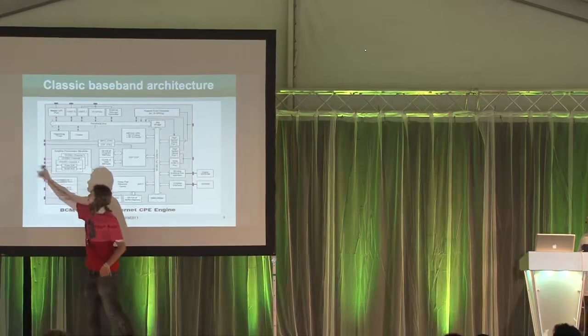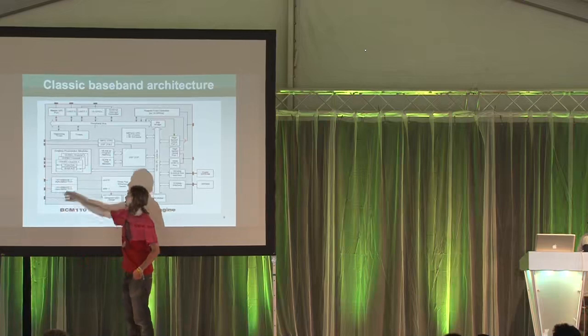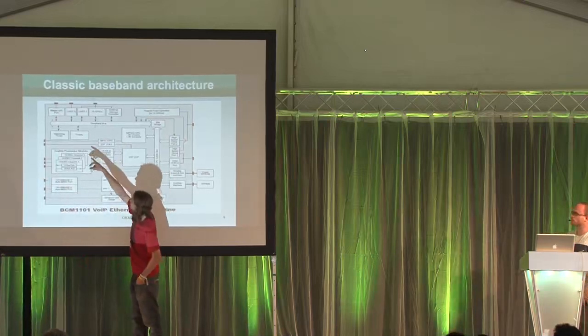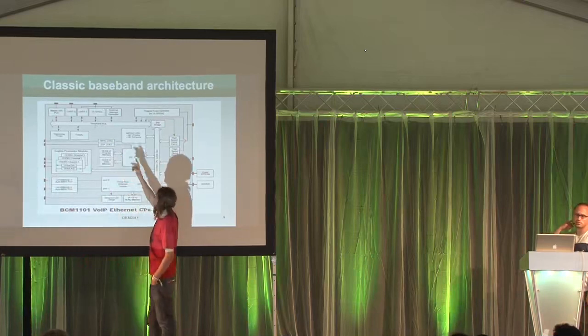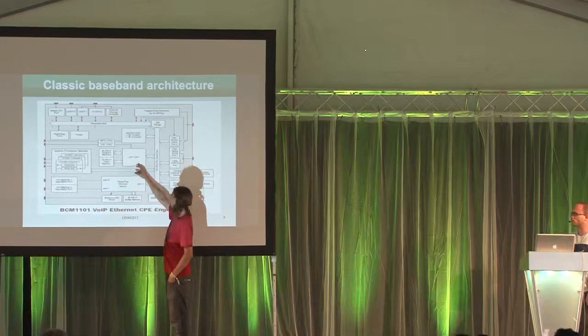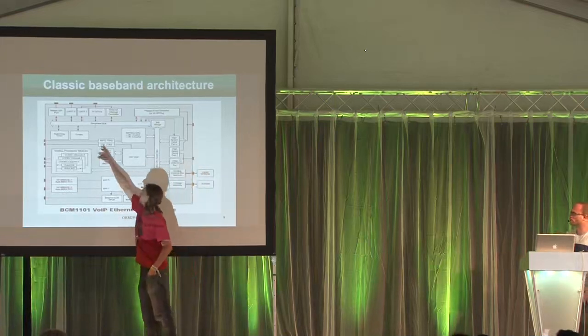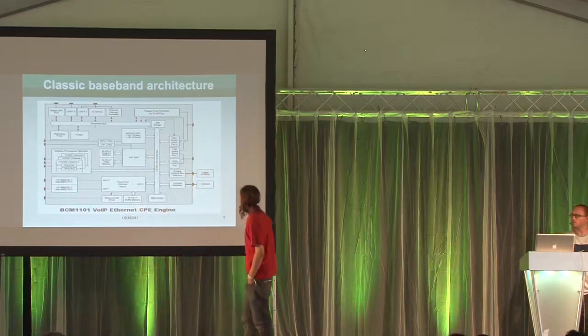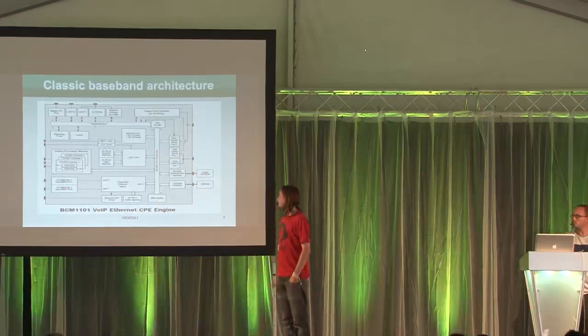Here you connect the analog front end. Here you have the Ethernet port, and here you have what I was talking about, like SPI serial or GPIO. And you have the MIPS, the DSP, and the JTAG. So it's where you want to plug in if you have what it takes to do it.